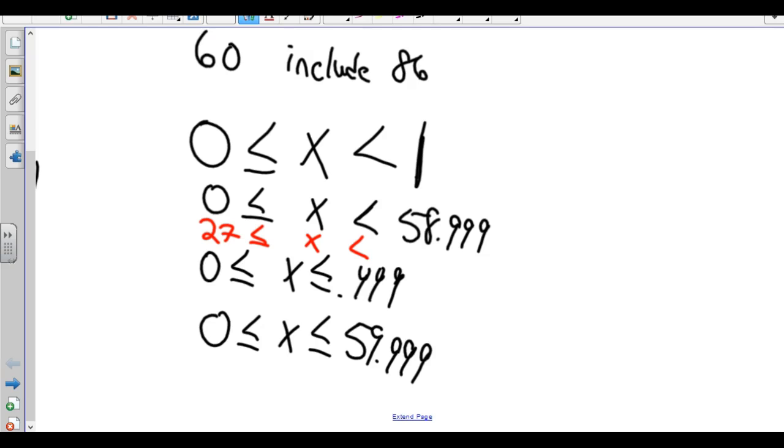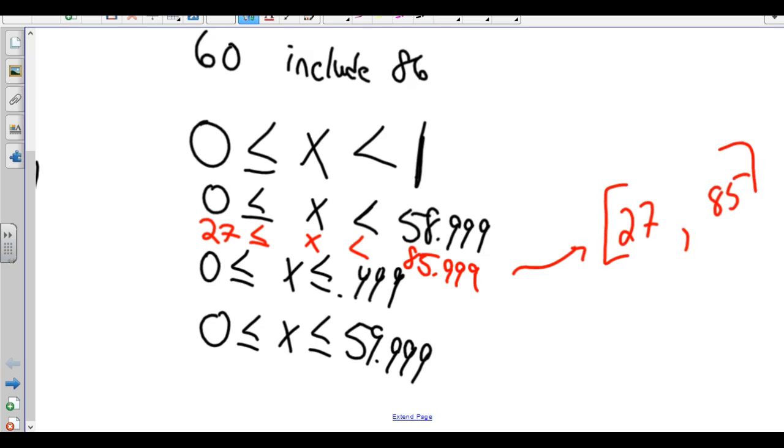It's 85.9999. Make sure you go ahead and do that math. So it's 85. Then we strip off the decimal because we're using the integer function. So it ends up being inclusive from 27 up to 85, inclusive, when we strip off the decimal.